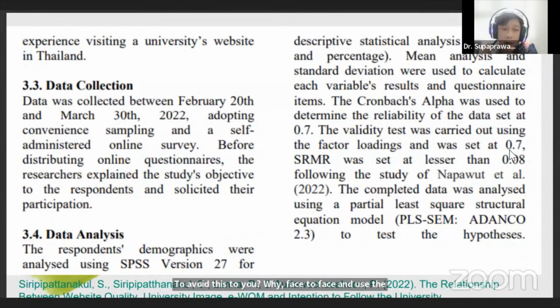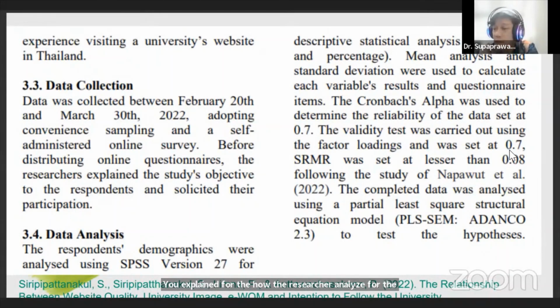And when you distribute the data online, you have to explain the research objective to let the respondent know what the objective of the research is. And for the data analysis, you explain how the researcher analyzes the demographic profile.